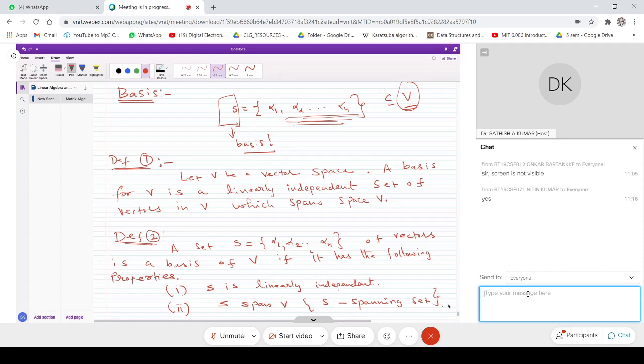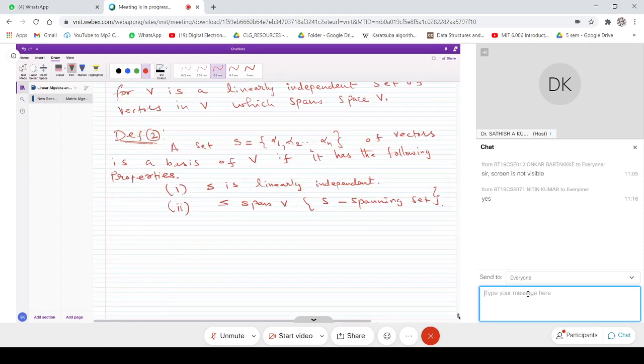There is one more definition one can give. Spanning set means what? Suppose I take a vector alpha in V, and alpha is equal to the summation over i of Ci times alpha i. This is called a spanning set, so every vector can be expressed as a linear combination of these vectors.